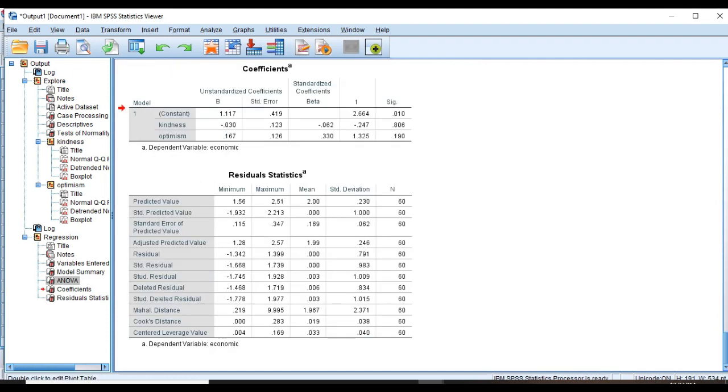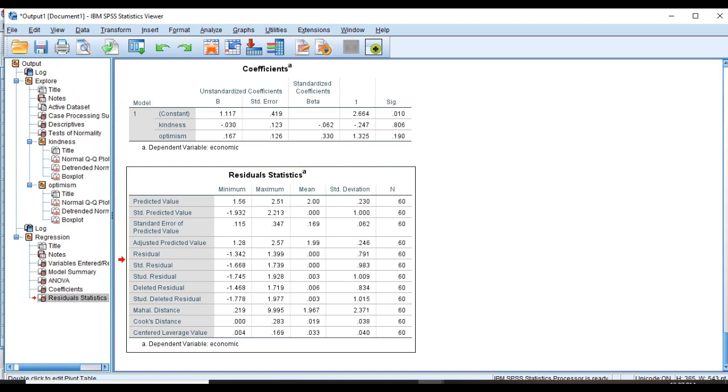This is going to create a new variable. Go to the table of Residuals Statistics and check the Mahal.